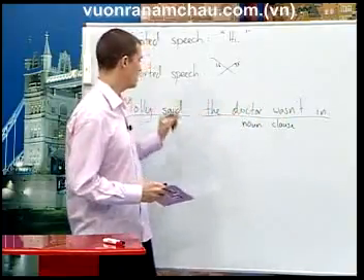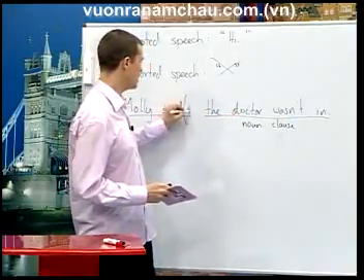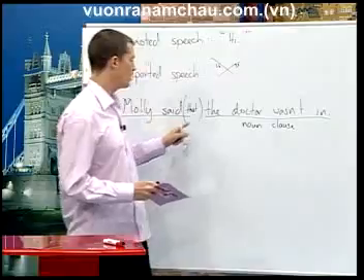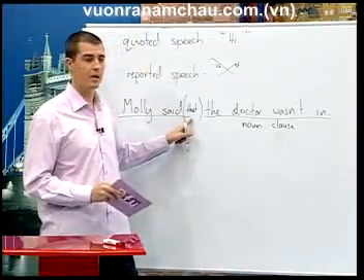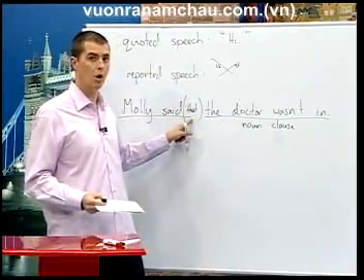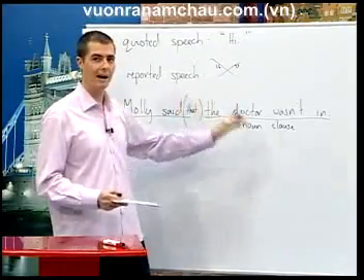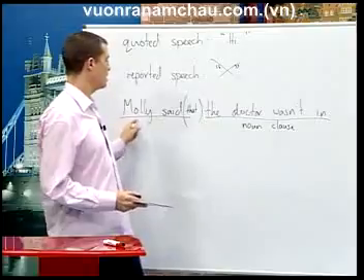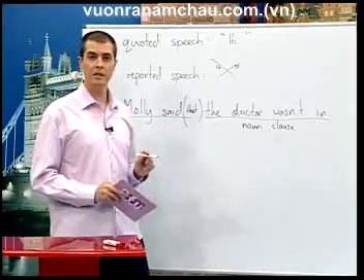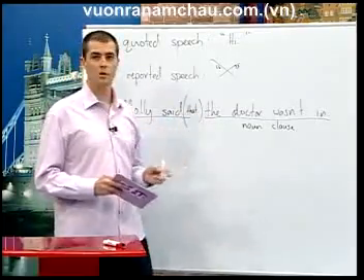Now, sometimes we can use that. We don't have to use that, but we can. And this helps us to know that this is the noun clause, because the noun clause comes after that. Molly said that the doctor wasn't in, or Molly said the doctor wasn't in.